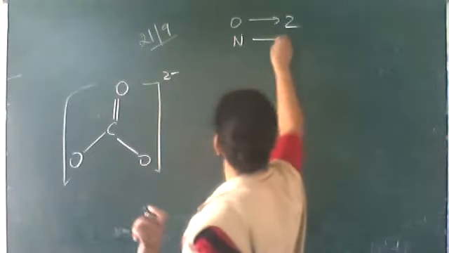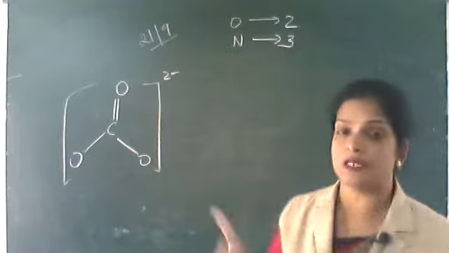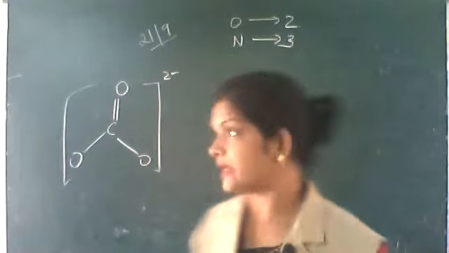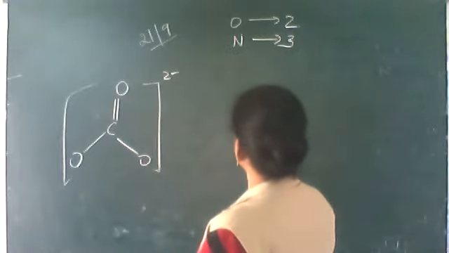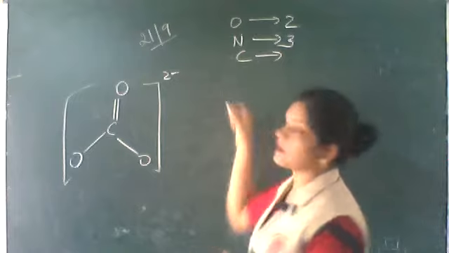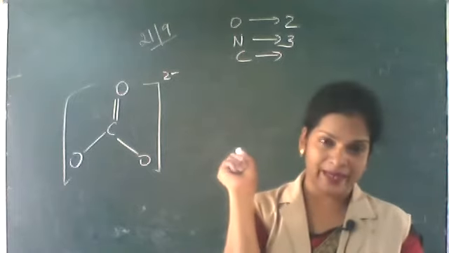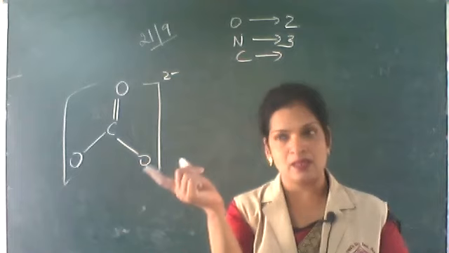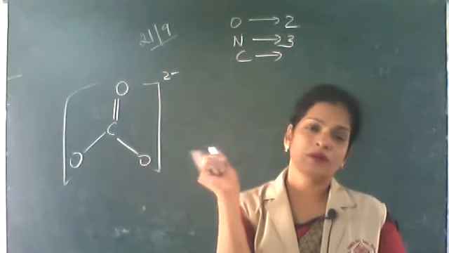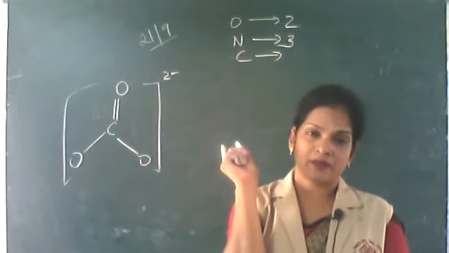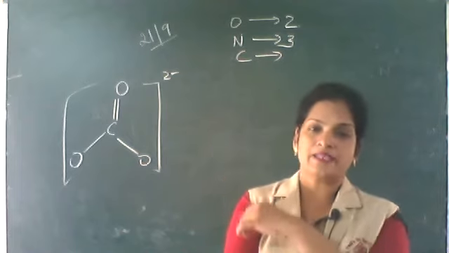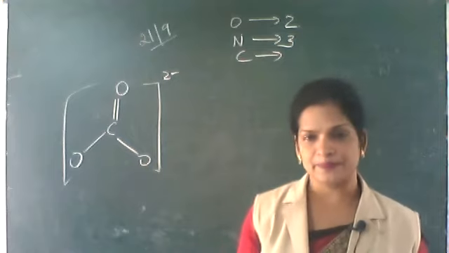Nitrogen should have 3 bonds around it. If more, then plus; if less, then minus. Similarly, carbon should have 4 bonds around it. If more, then plus; if less, then minus. Anyway, carbon having more than 4, that is 5, is not possible, as you learned last year, tetravalency.